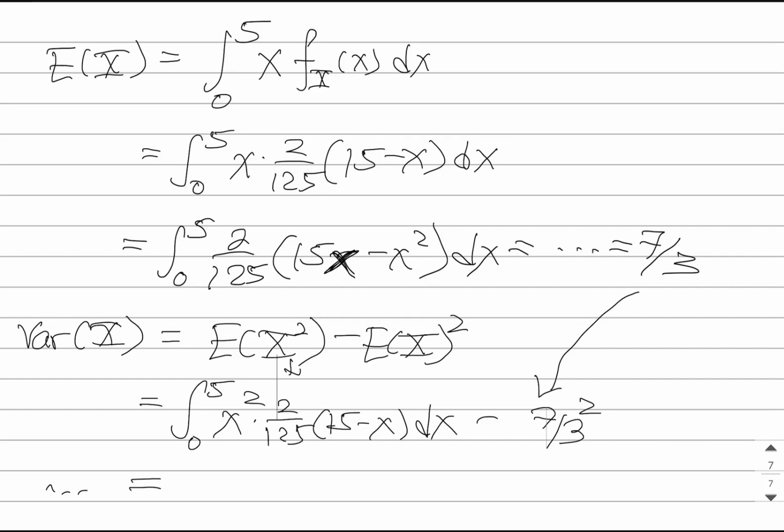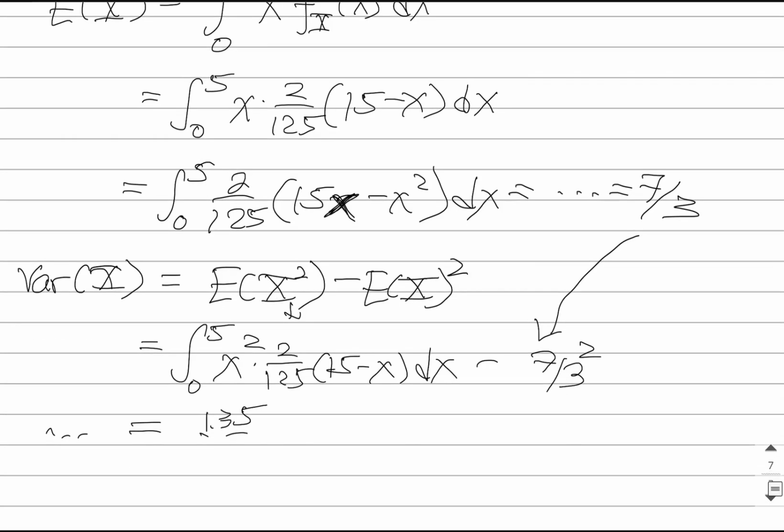I will leave it to you to practice that. And at the end of the day, you end up with a result of 135 over 18. Subtract 98 over 18, which is what you would get from here, getting you 37 over 18.